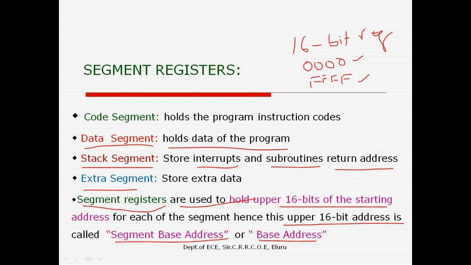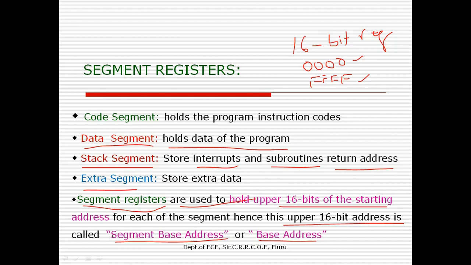In the previous point, we discussed that within the 1 MB of memory space, the processor defines 4 blocks of 64 kilobytes of memory. To point to those 64 kilobyte blocks, we need 4 memory pointers. So the segment registers act as memory pointers for all these 64 kilobyte memory blocks.